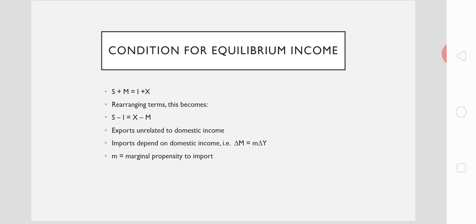Then the change in import is represented by delta M. Delta M, the increase or decrease in import, is caused by marginal propensity to import into the change in national income. Whatever change occurs in the national income of a nation should be multiplied by the marginal propensity to import. Its value lies between 0 and 1.